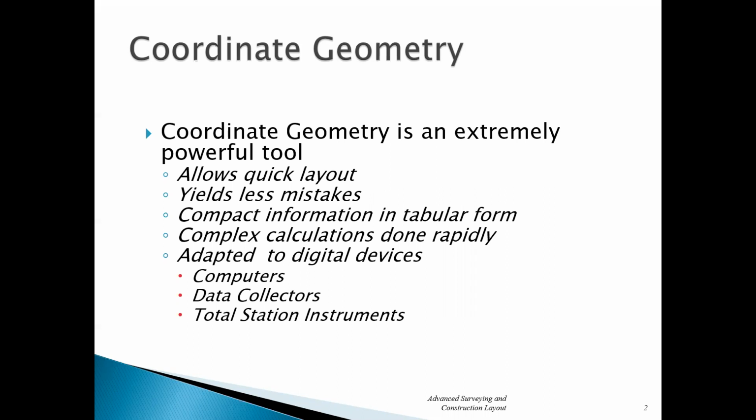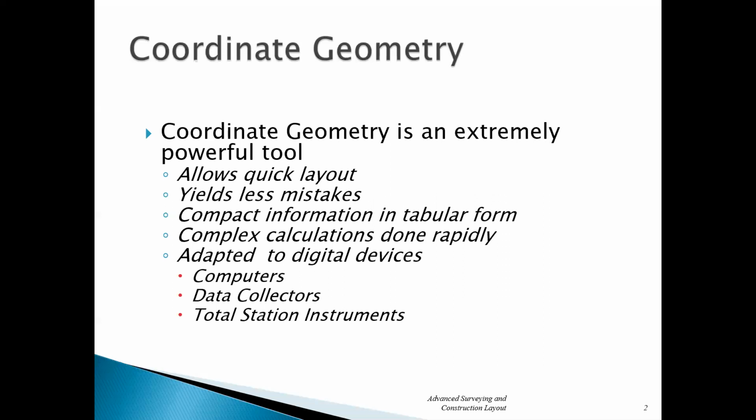The information that you get in coordinates is very compacted, and it's usually in a tabular form. Basically it's just what you see as a point number, and then you see what's called the northing and the easting value. You may have 500 points on your job, and it's just like a spreadsheet where you have point 1, point 2, point 3 with its northing, easting, and possibly also elevation. If you have vertical control information, that might be on there as well.